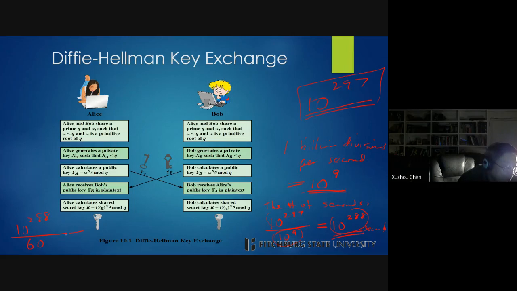And if I divide by 60 again, that's the total number of hours I need to spend on this loop. Then divided by 24, that's the number of days I need to spend. And then divided by 360, that's the number of years I need to spend.